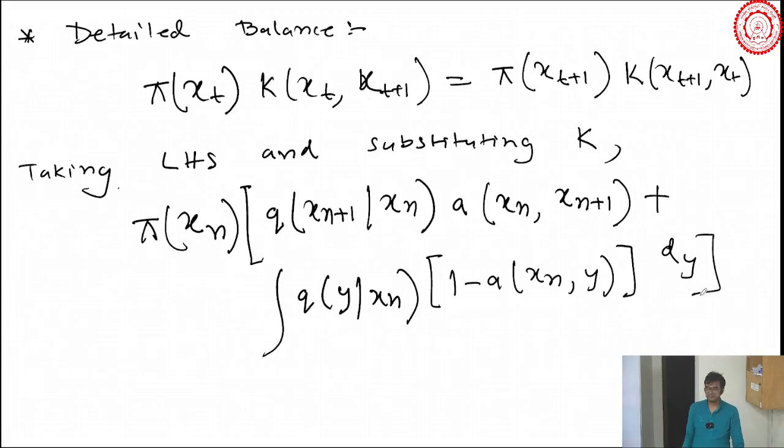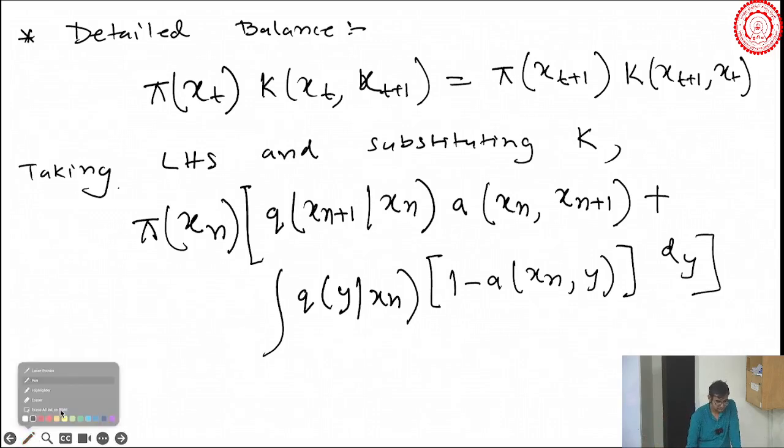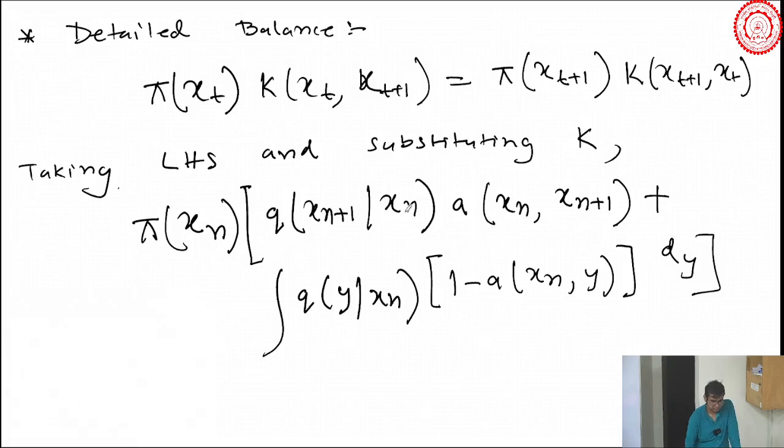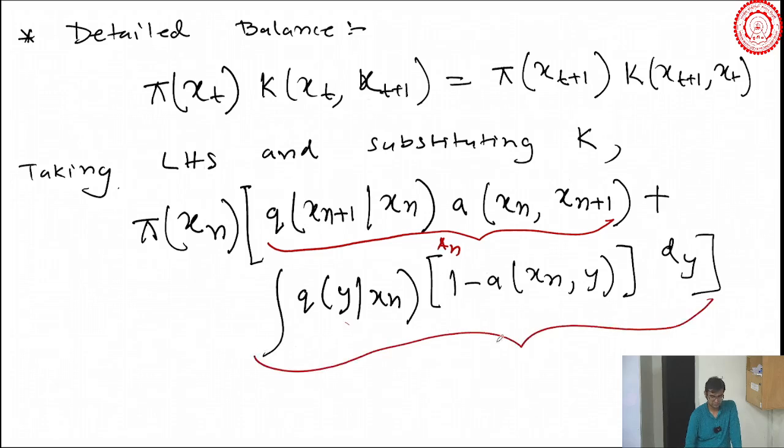The first term inside the bracket I will call an, the second term I will call bn, and I will tackle those terms separately. This term is my an, and this term is my bn.